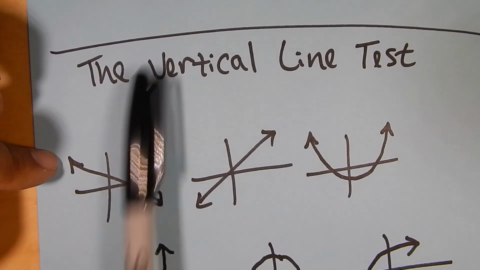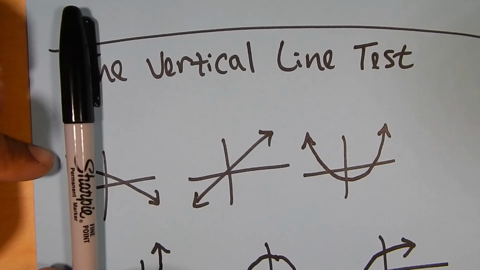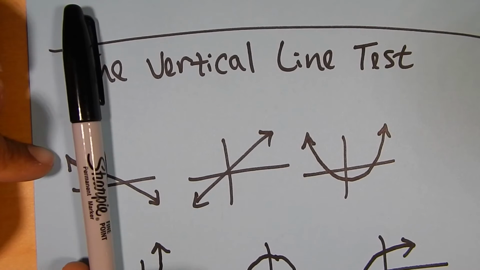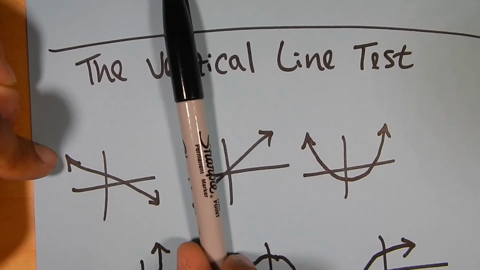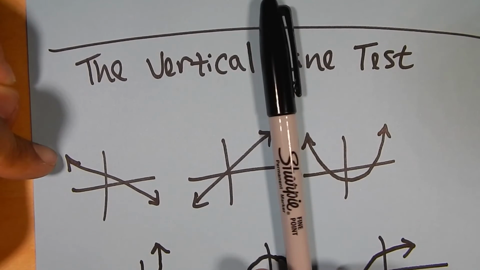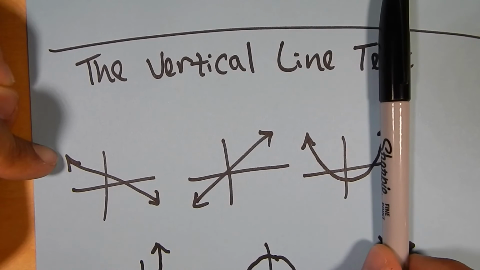So for this one, this line here, it's sloping downward. If I put my line on here, notice that it's only touching the graph at one point at a time. Here, same idea. Here, we might expect something different, but still one point at a time. That's fine.